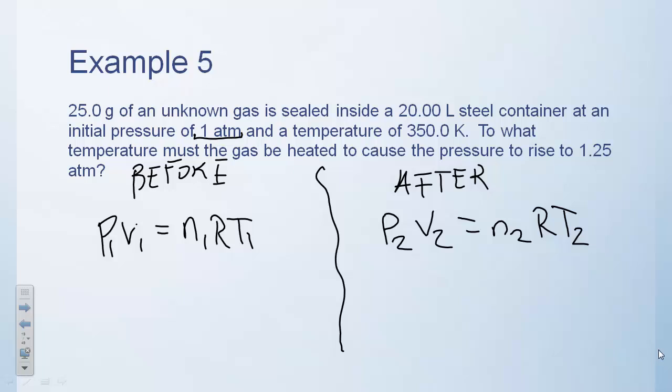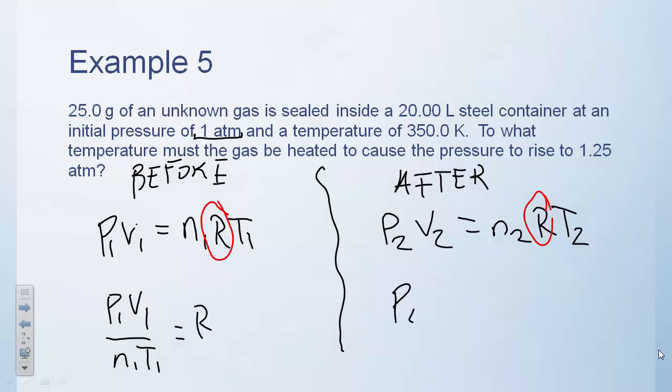If we isolate R and solve for it in each of the two cases, we find that P1 V1 over N1 T1 is equal to R, and over here you have the same thing except all the 1s are 2s now: P2 V2 over N2 T2 equals R. Well, if two things are equal to R, then they're equal to each other.